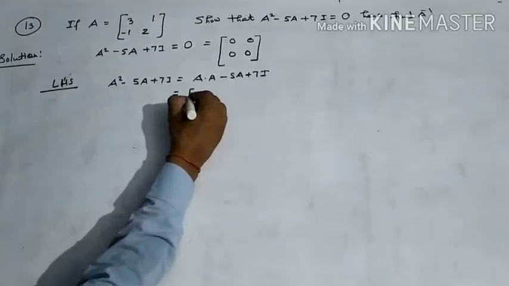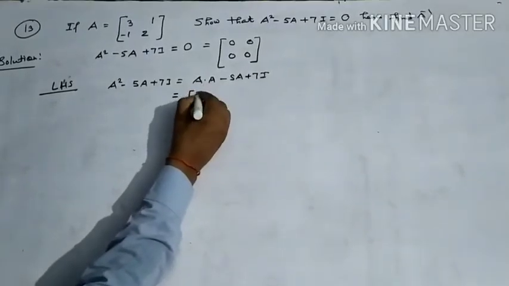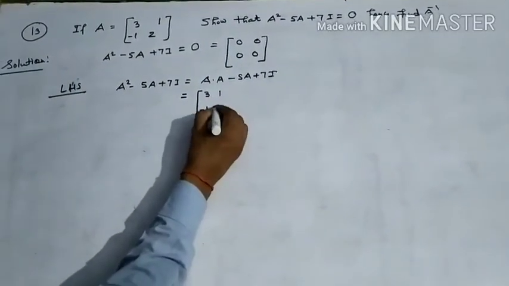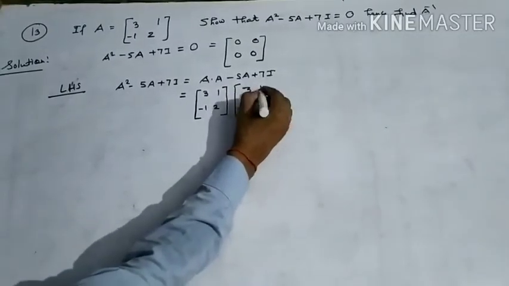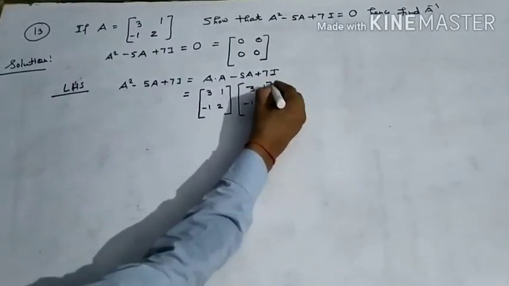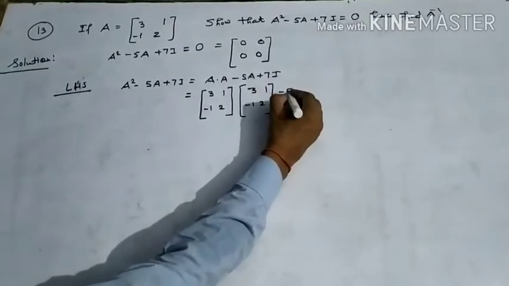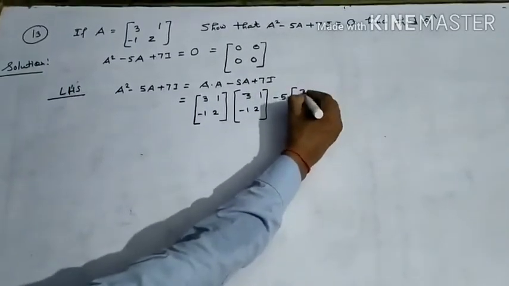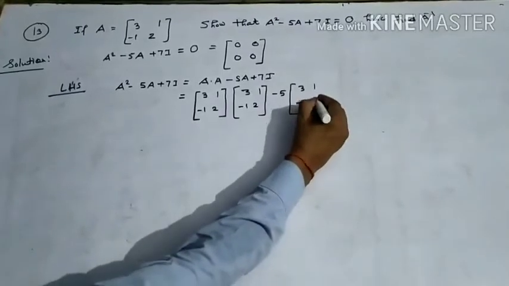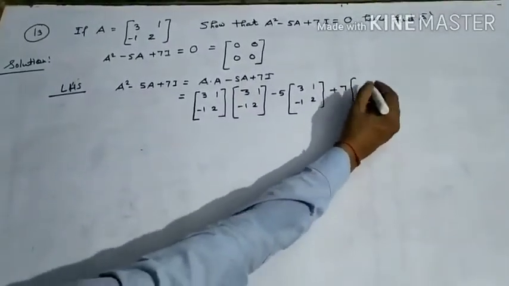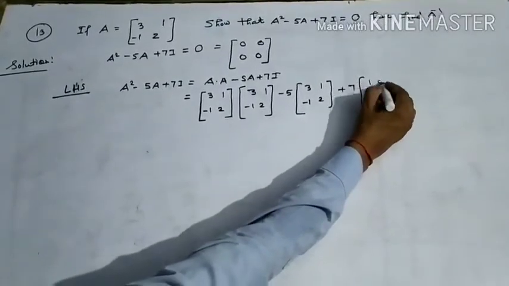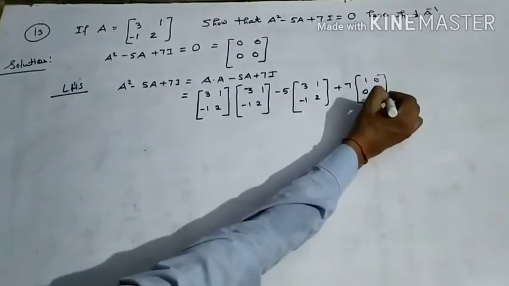This is equal to 3, 1, minus 1, 2, times 3, 1, minus 1, 2, and then minus 5 times 3, 1, minus 1, 2, and then plus 7 times I, meaning the identity matrix of order 2, so this is 1, 0, 0, 1.